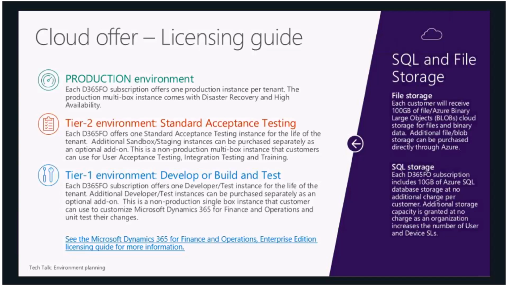And we're providing 2 environments to build your solution. A tier 1 environment, which can have a topology develop or build and test. And a tier 2 environment, where you would do your testing, your UAT as well. Standard acceptance testing.